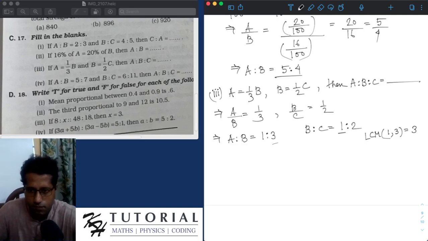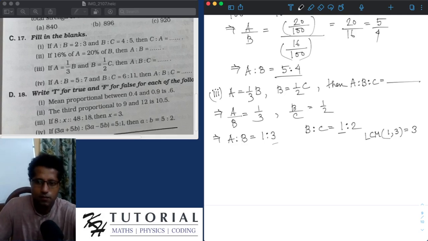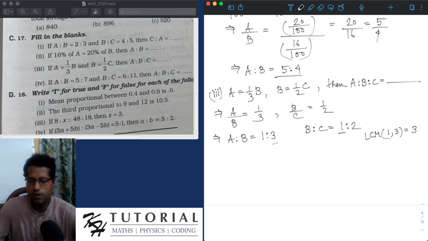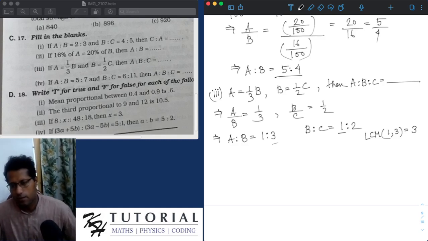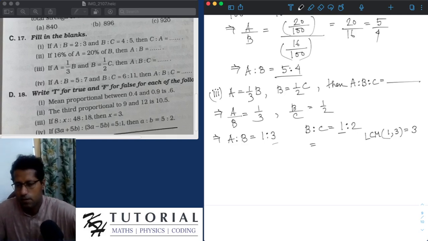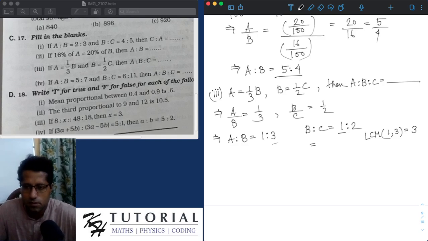So this remains the same, A is to B equals 1 is to 3, but the ratio B is to C we have to convert so that the first term becomes 3. So we will multiply both the terms in the ratio B is to C with 3, and this becomes 3 is to 6.